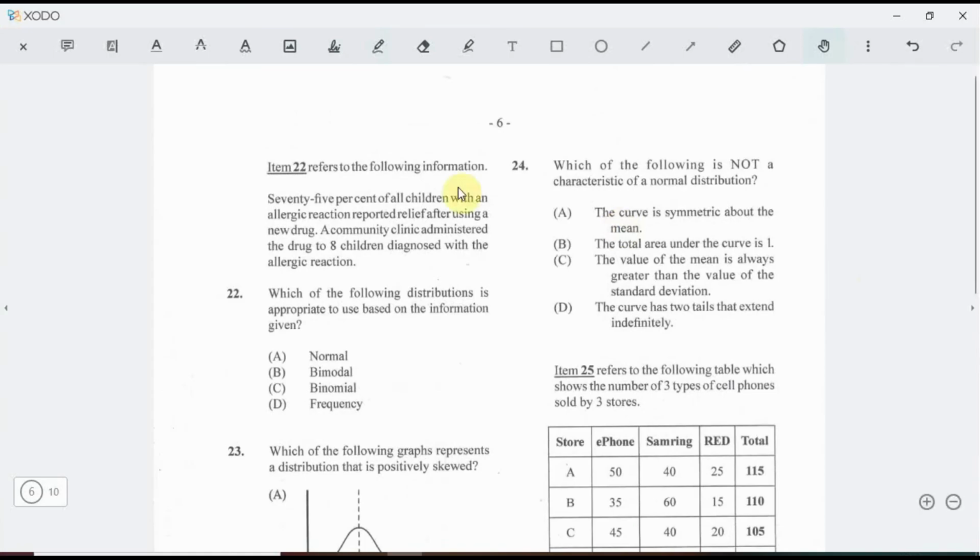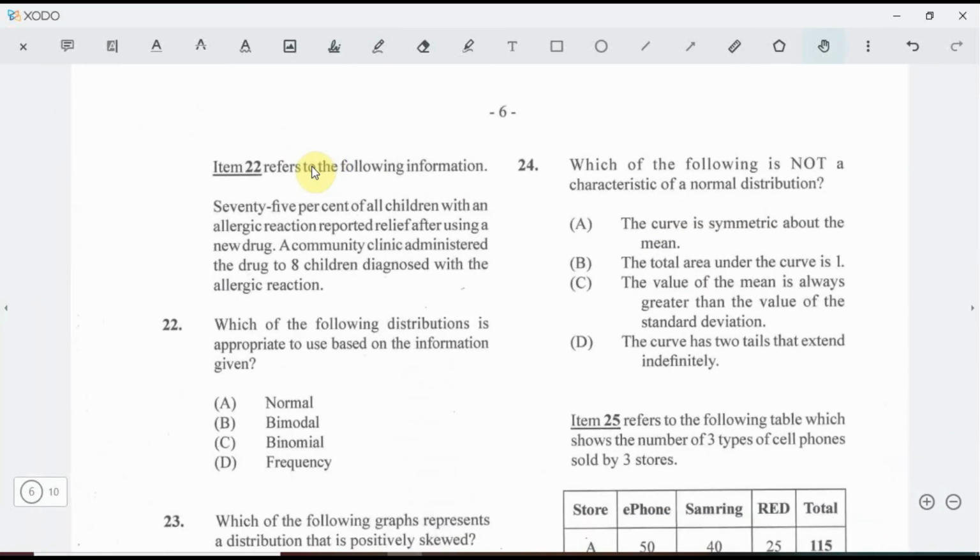Question 22. It says item 22 refers to the following information. 75% of all children with an allergic reaction reported relief after using a new drug. A community clinic administered the drug to 8 children diagnosed with the allergic reaction. Which of the following distributions is appropriate based on the information given?